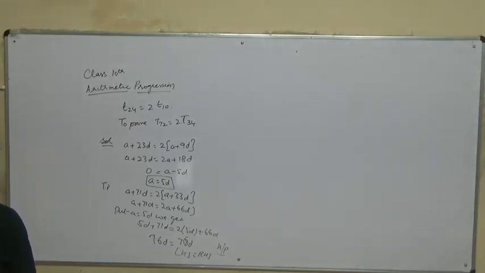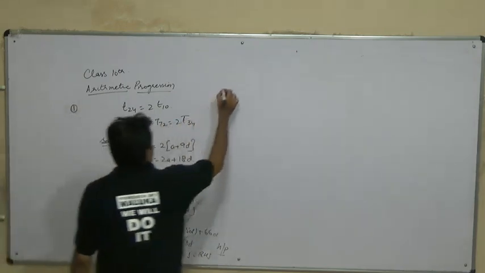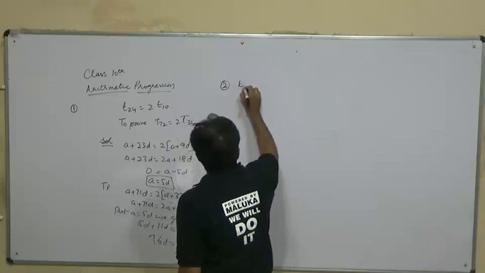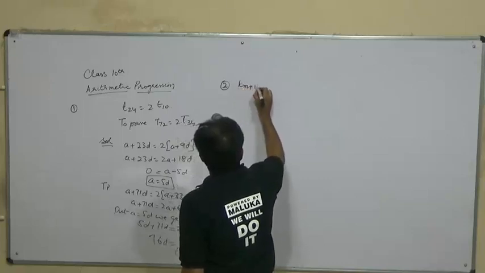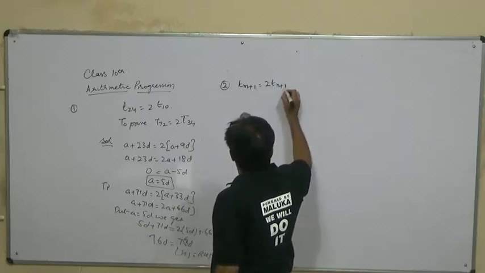Now the next question is, if the m plus 1th term of an AP is twice the n plus 1th term, we are given. This is the first question. Second is, the m plus 1th term is equal to twice the n plus 1th term. So this is given to us.